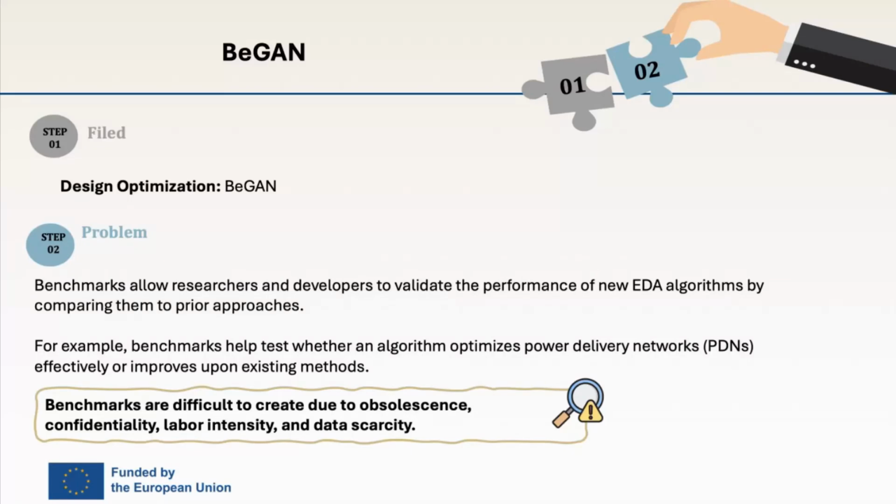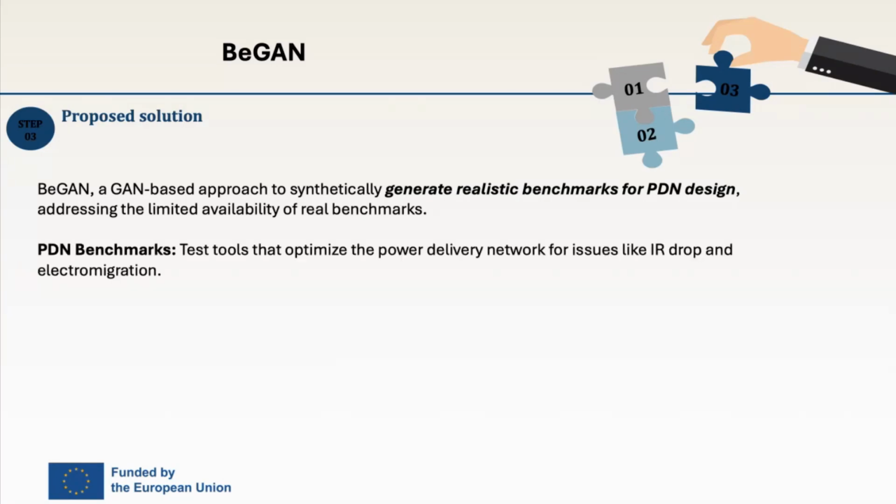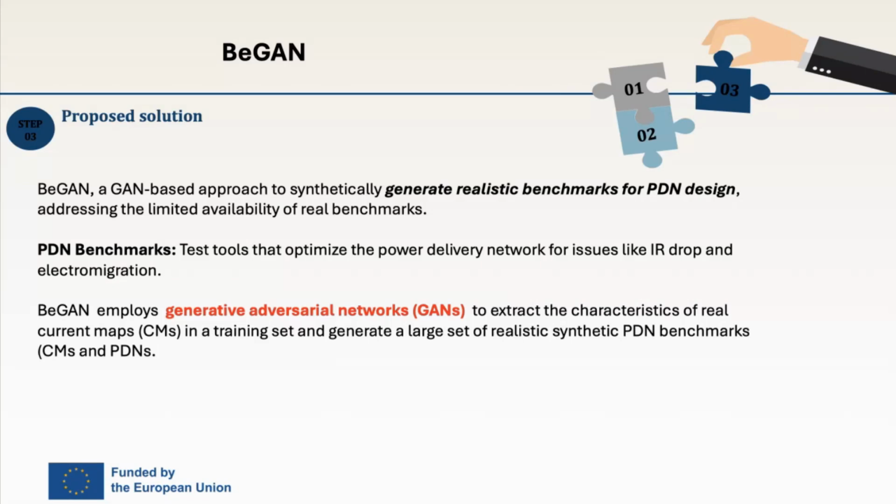benchmarks available. So in this paper, they proposed using GAN to generate realistic benchmarks for BDA design in order to test and validate new methods. Actually, the BDA benchmark is a tool or method to evaluate the new design for IR drop and electromigration.